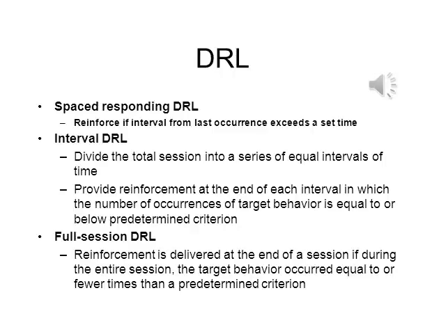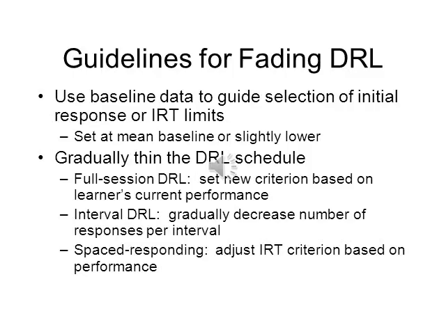DRL and DRO are really about the same thing. A DRO is a DRL of 0, is one way to think about it. If anything beyond 0 is allowed, then it's a DRL paradigm. And finally, there are guidelines for fading DRL. You can use baseline data to guide the selection of initial response limits or the inter-response time limits.